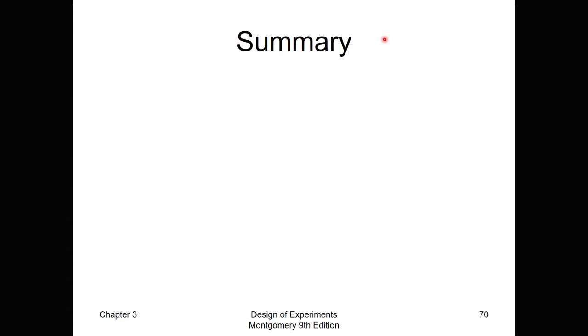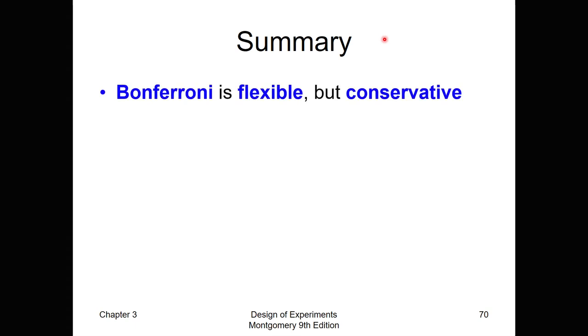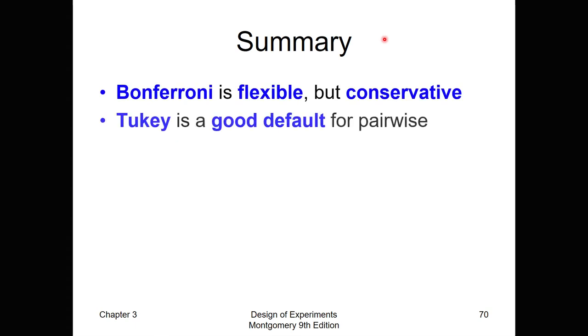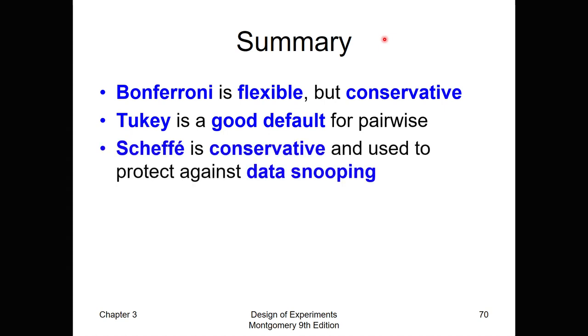All right, so let's summarize real quick. Bonferroni is really flexible but conservative. Tukey is a good default for the pairwise comparisons. Tukey is what I tend to use if I'm doing pairwise comparisons, and I tend to use pairwise comparisons after an ANOVA unless I have a really good reason for combining groups. Scheffé's is conservative, but it really protects against data snooping.